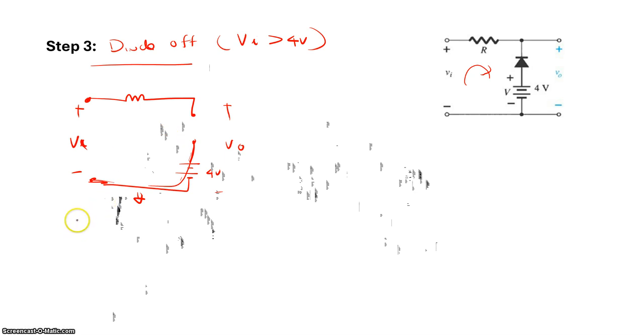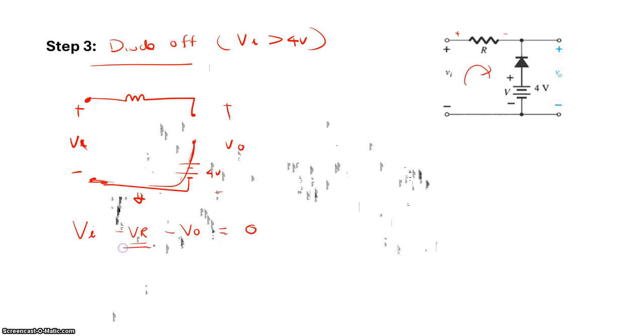When you apply KVL, Vi minus to plus, it is Vi, plus to minus, minus VR, minus V out should be equal to 0.